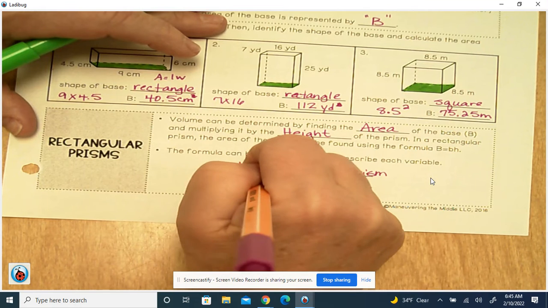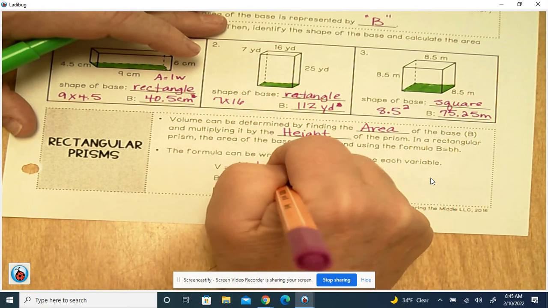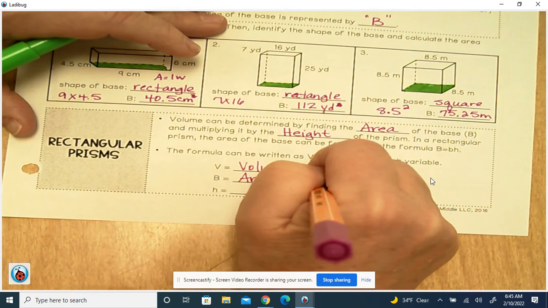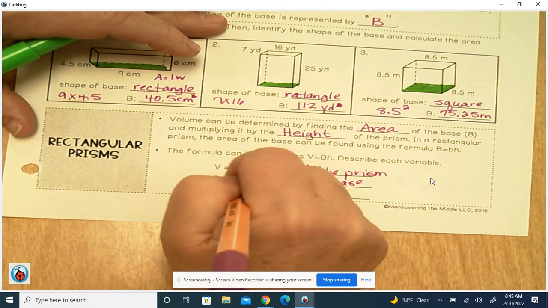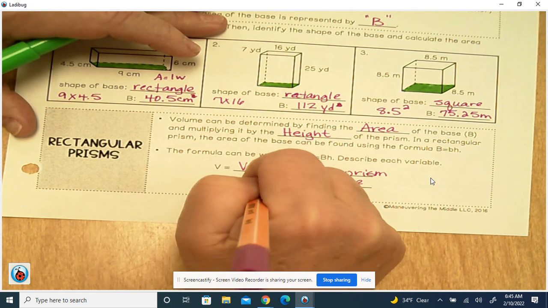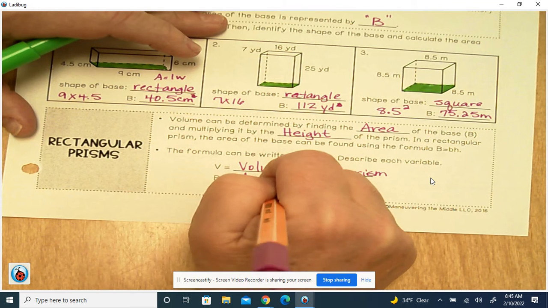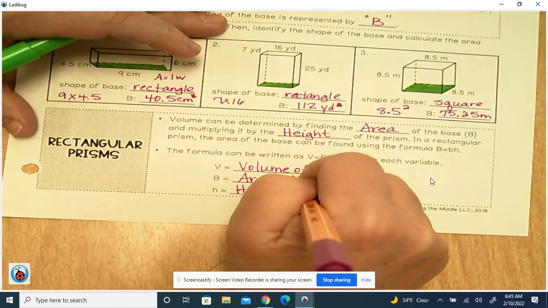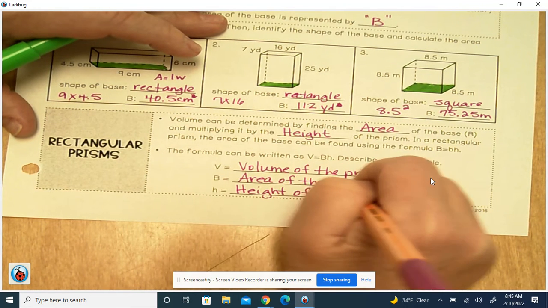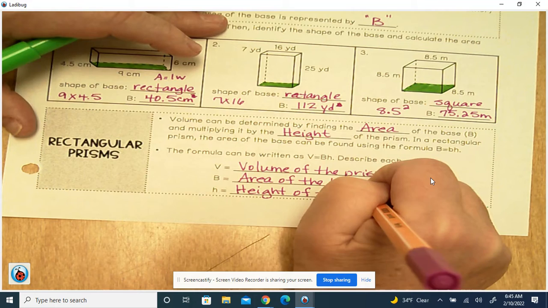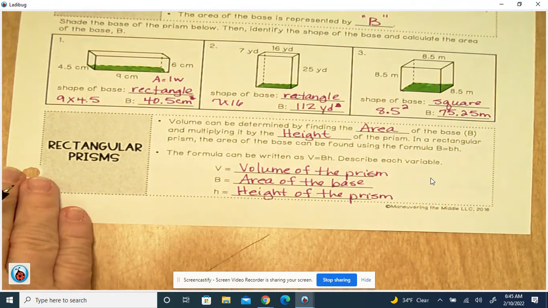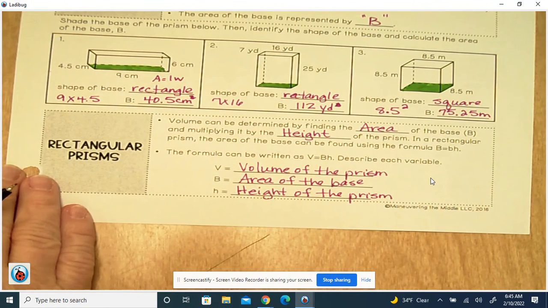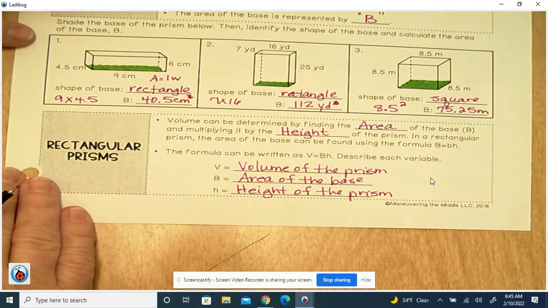B is the area of the base. And h is the height of the prism. So that's the three things. But I'll show you a way that's the same way, but a little bit simpler for you guys.